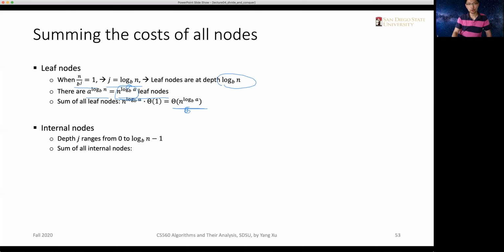So the summation of all the internal nodes is the summation of all the per-level summations. We know that for each level the summation is in this form, and the level ranges from 0 to log base b of n minus 1. We're counting from the root node to one level above the leaf nodes.